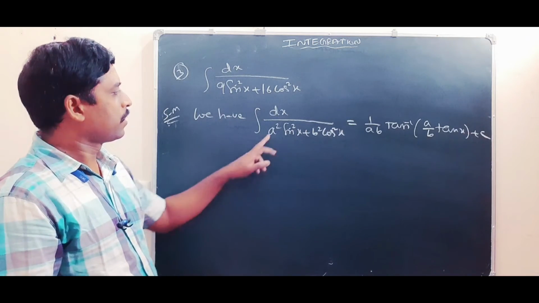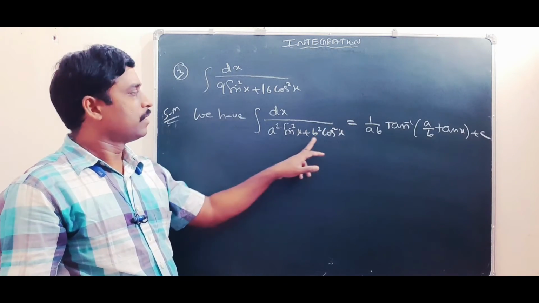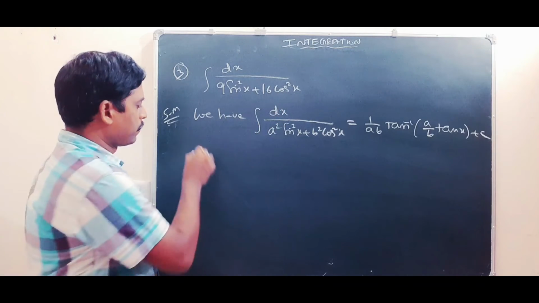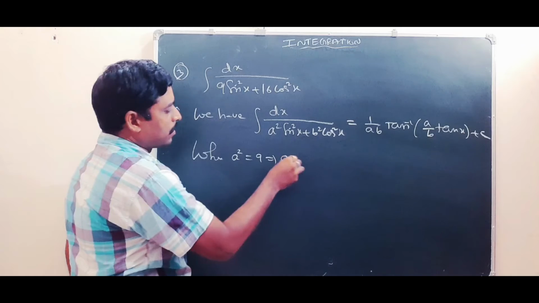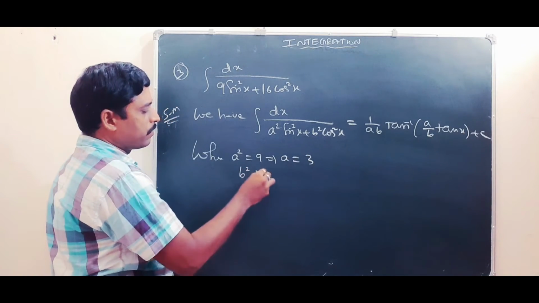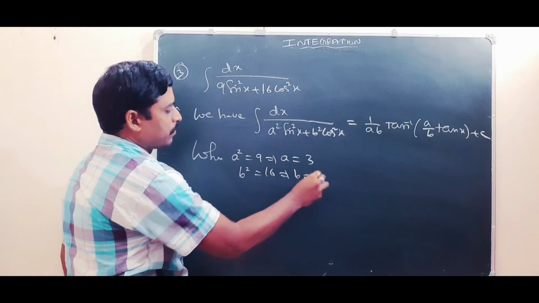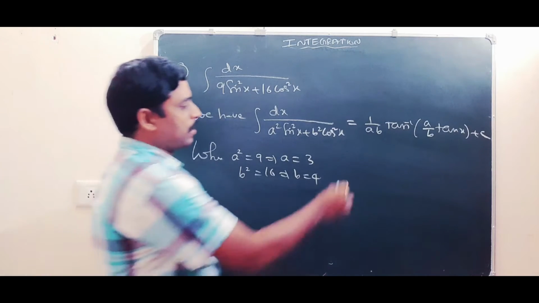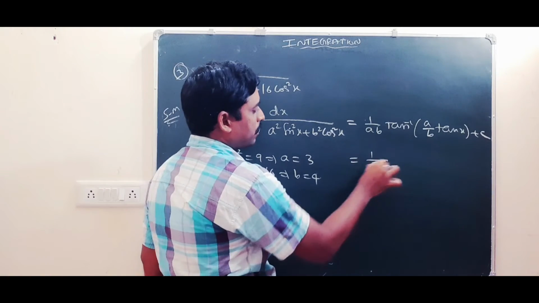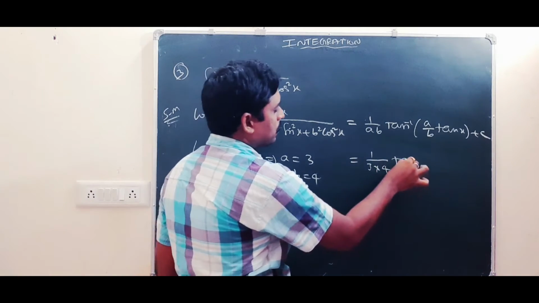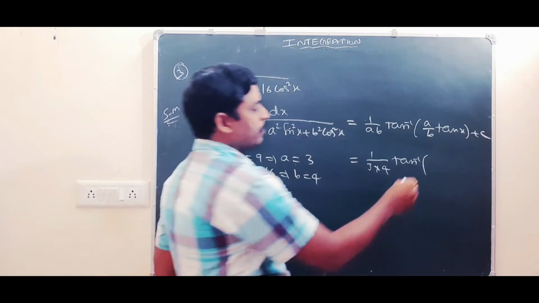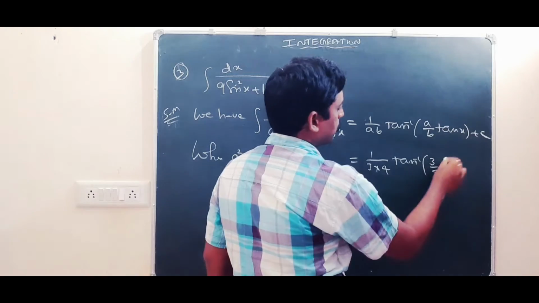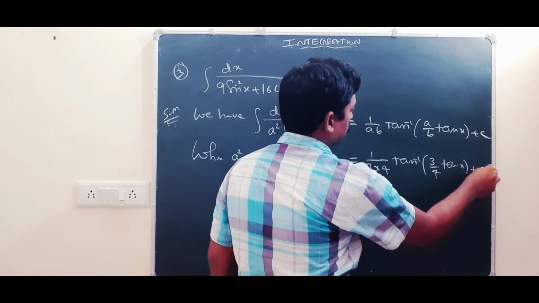Here a square value is 9, so a will be 3, and b square value is 16, so b will be 4. So 1 by ab is 1 by 3 into 4, tan inverse of a by b, 3 by 4 into tan x plus c. This is the answer.